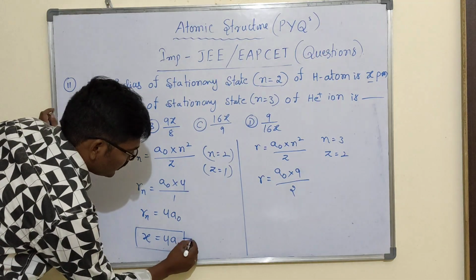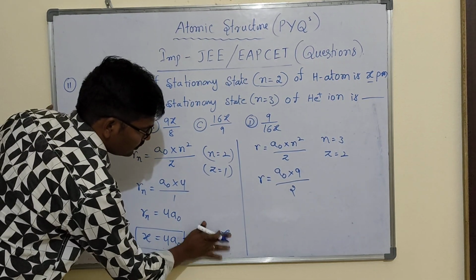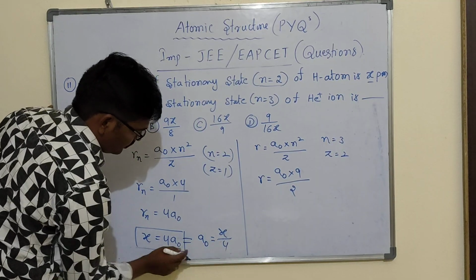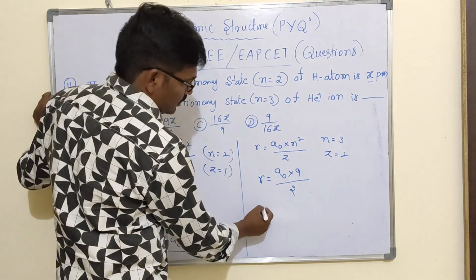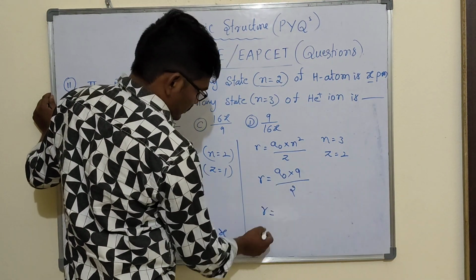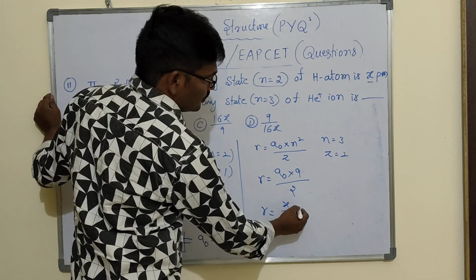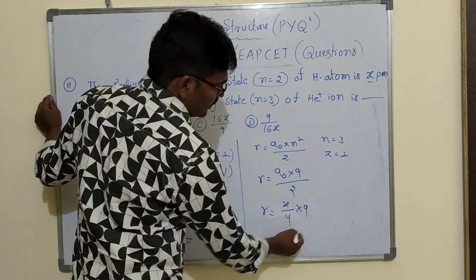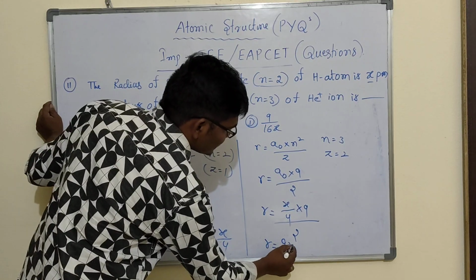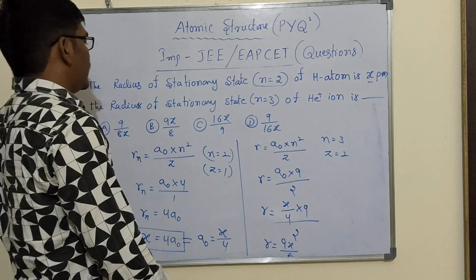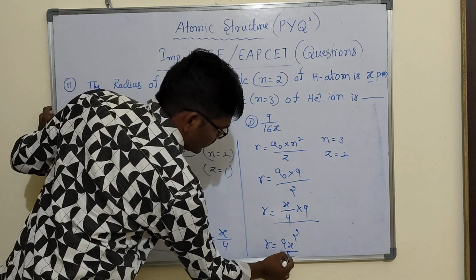From this we can find the a naught value: a naught equals x divided by 4. In the place of a naught we substitute x divided by 4. So r equals x divided by 4 into 9 divided by 2. So r equals 9x divided by 8. This is the answer: 9x divided by 8.